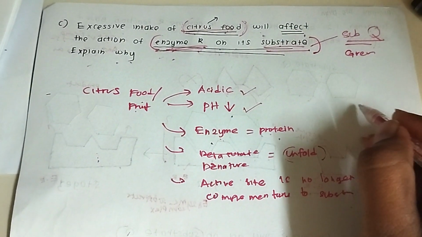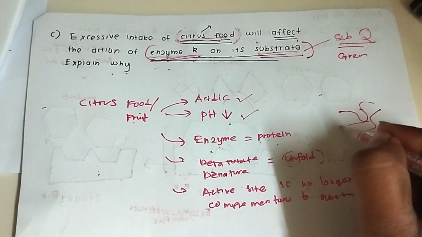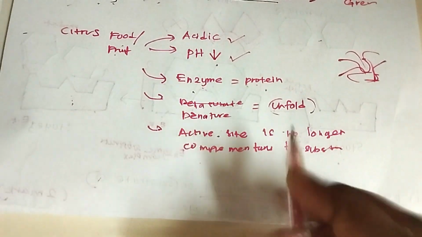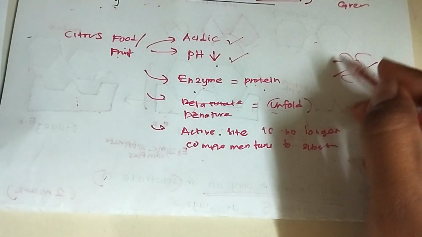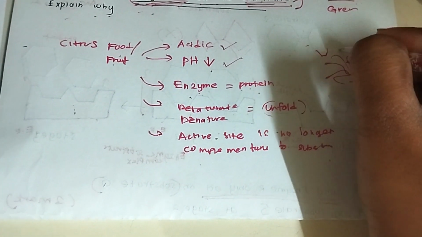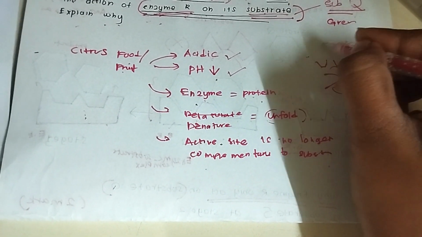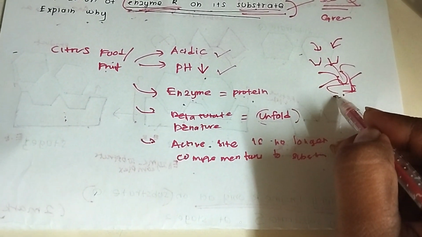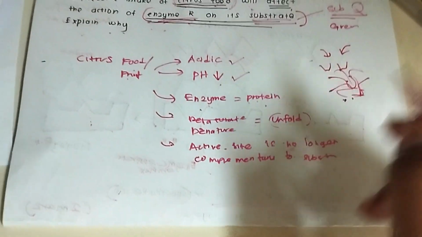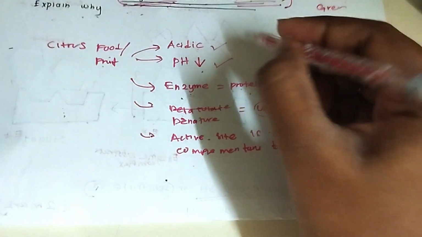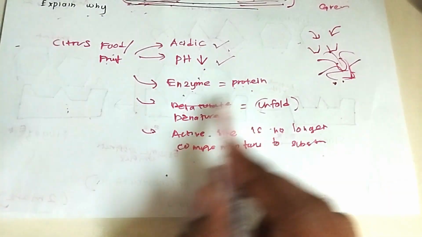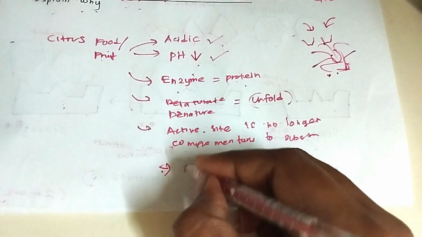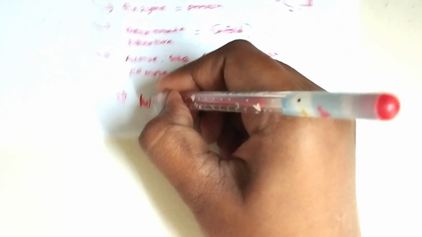In this case, the active site is no longer complementary to the substrate. If it's in this structure, there is no active site, and it's difficult for the substrate to come and bind to the enzyme. So this is the answer. You can write that it is acidic, low pH, the enzyme would denature, and the active site is no longer complementary to the substrate. So there's no reaction.